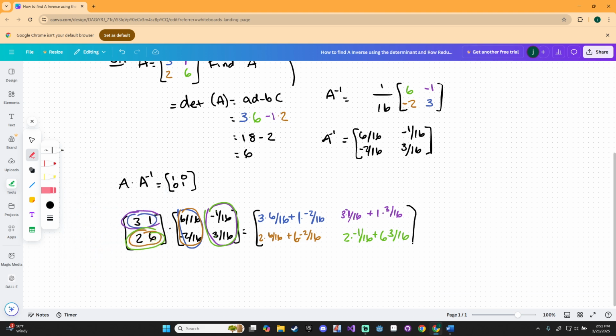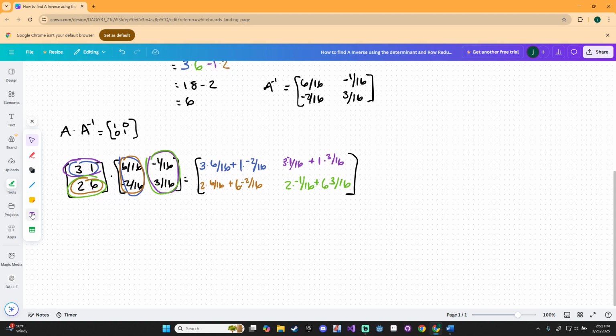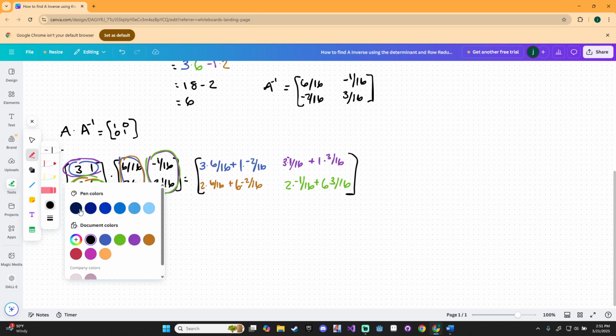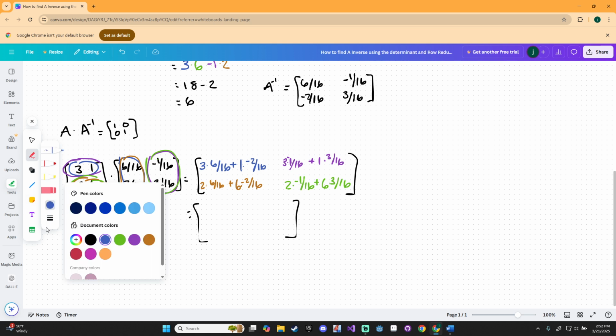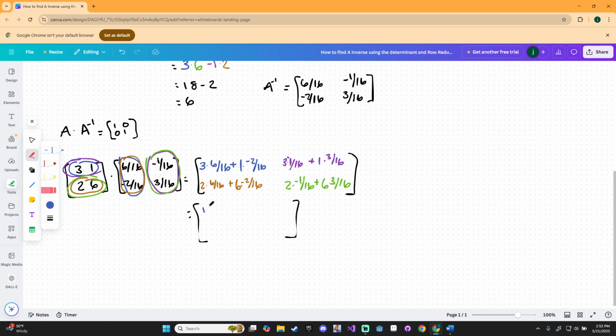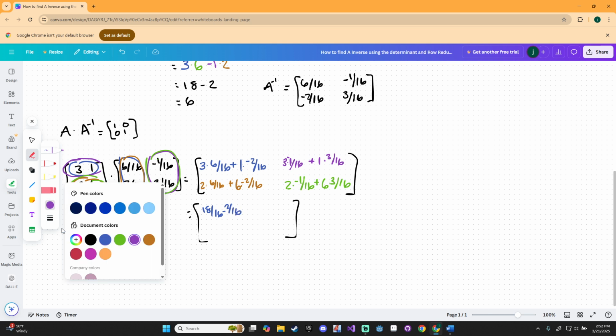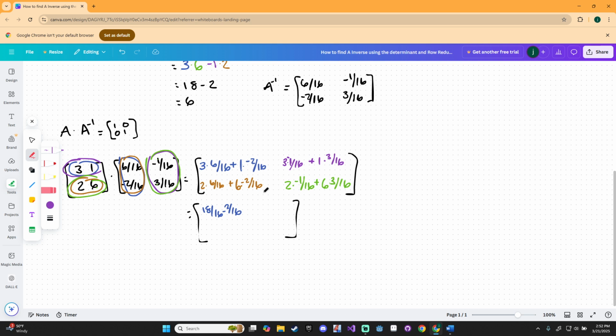So let's simplify that here. The top left, we'll have 3 times 6, 18/16 minus 2/16. We'll have 3 times -1, -3/16 plus 3/16.